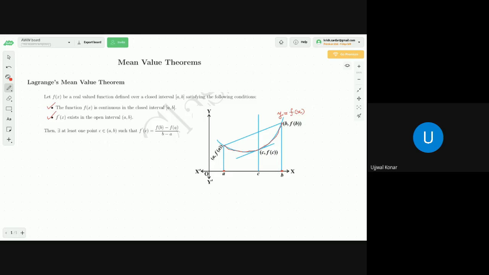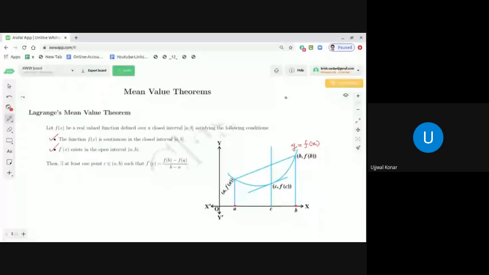That is the first condition. And the second condition is that the function is differentiable in the open interval (a, b). So these are the two conditions that are satisfied.